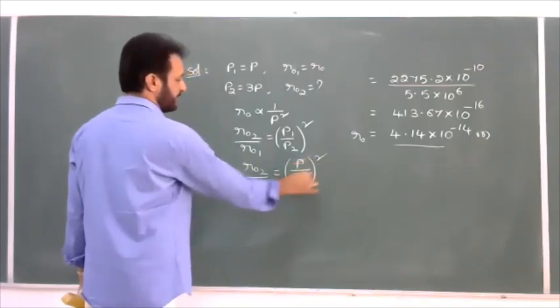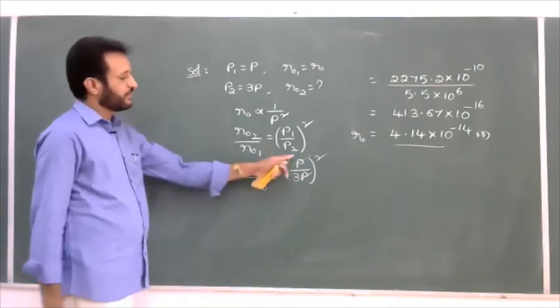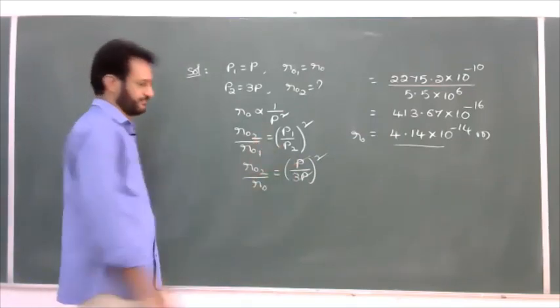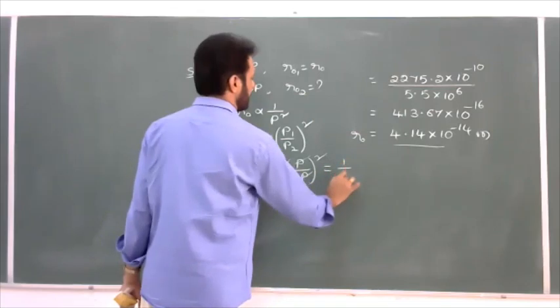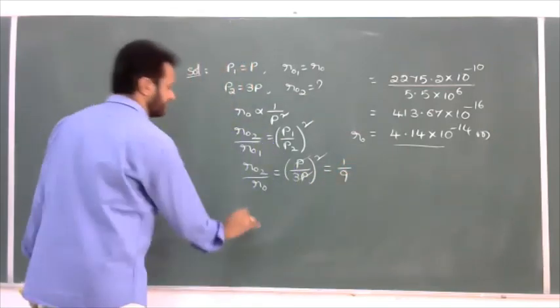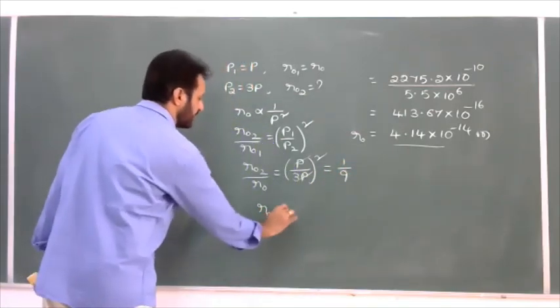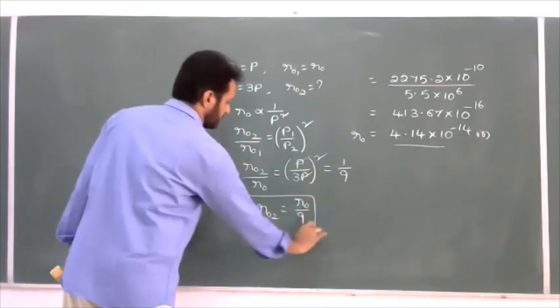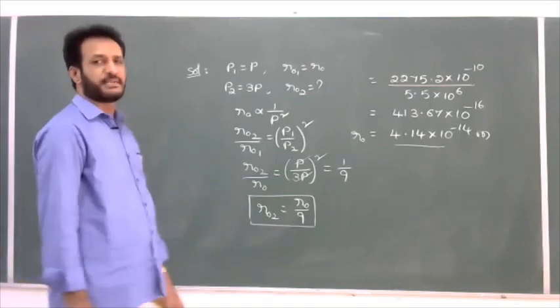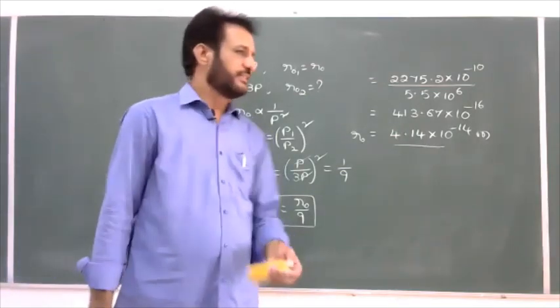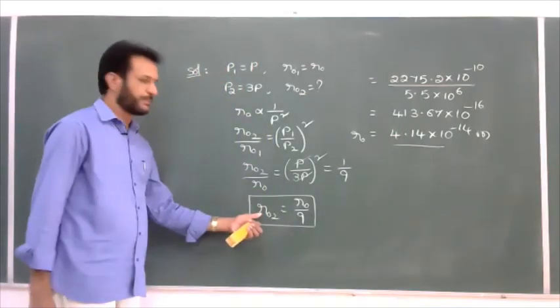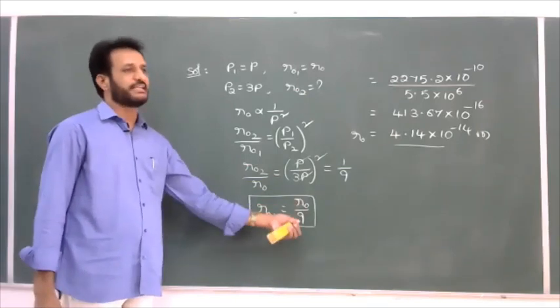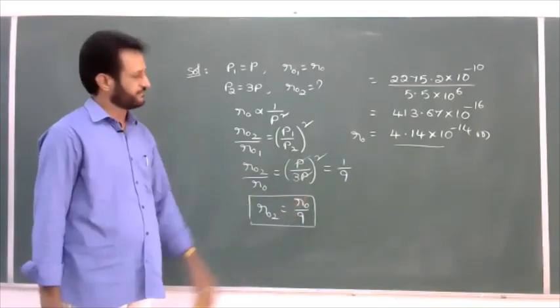Your square P value gets cancelled. 1 by 3 whole square is equal to 1 by 9. Take R0 to the right side. R02 is equal to R0 by 9. So check here. Whenever the momentum of the alpha particle is tripled, then its distance of the closest approach decreases by 9 times. R0 by 9.